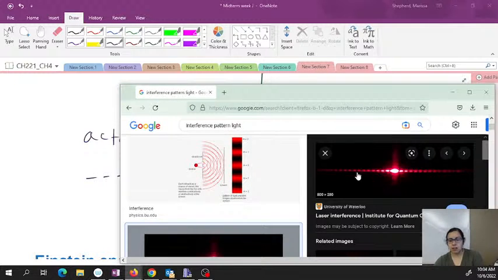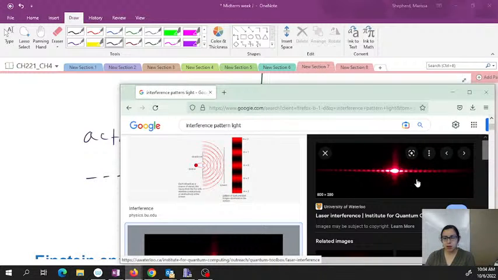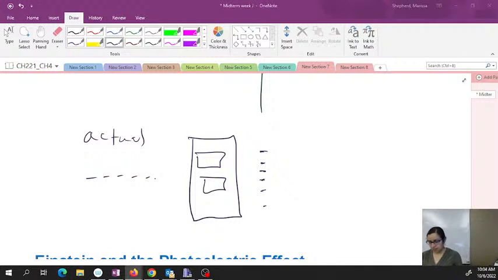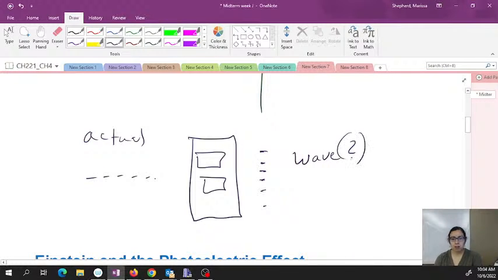So this is a good interference pattern. You have strong bands in the middle and then gaps consistently. So this was strange to them. That's what they would be observing. And so from this, they're thinking, well, now it's behaving like a wave. They're still not sure.